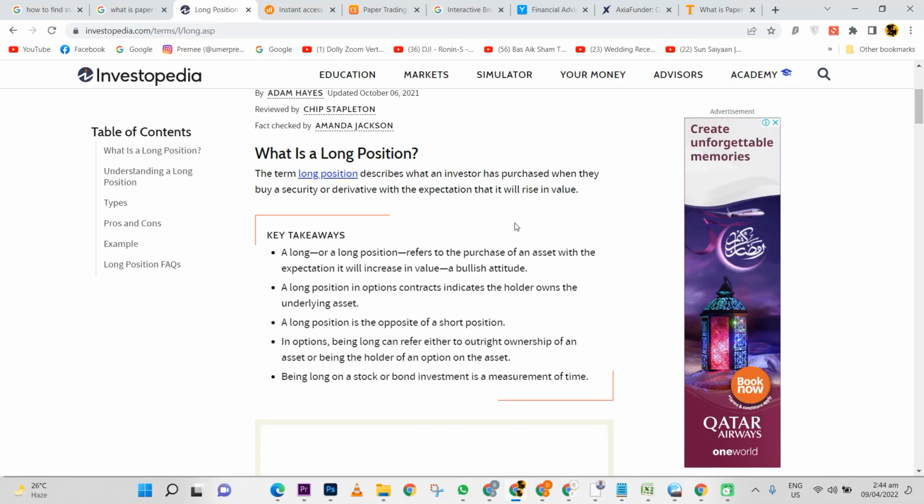A long position in an option contract indicates the holder owns the underlying asset. A long position is the opposite of a short position. In options, being long refers either to outright ownership of an asset or being the holder of an option on the asset.